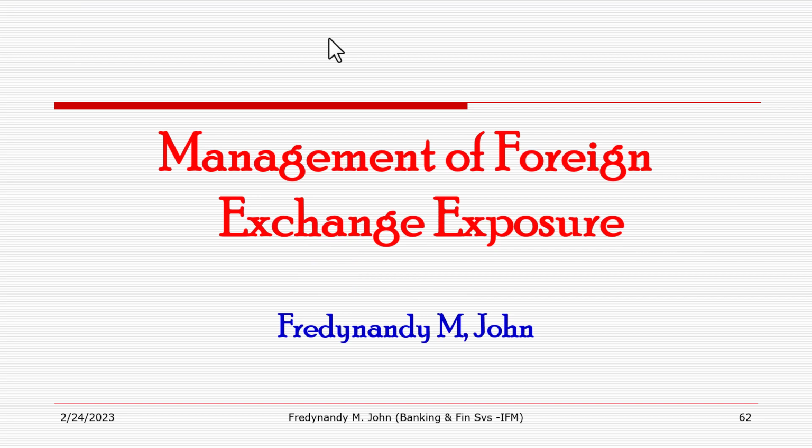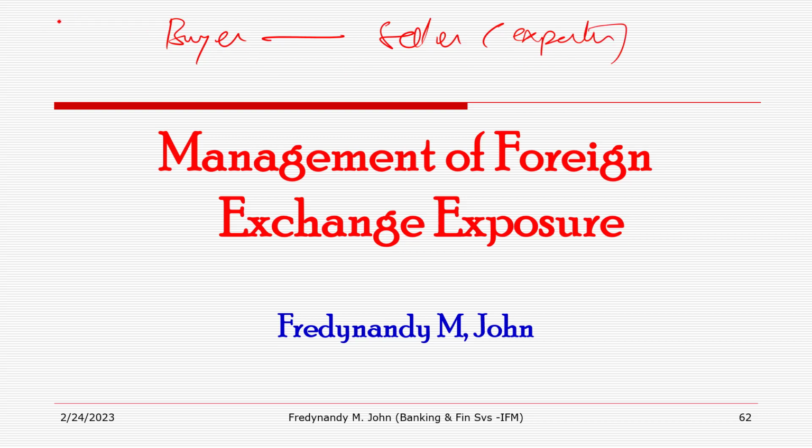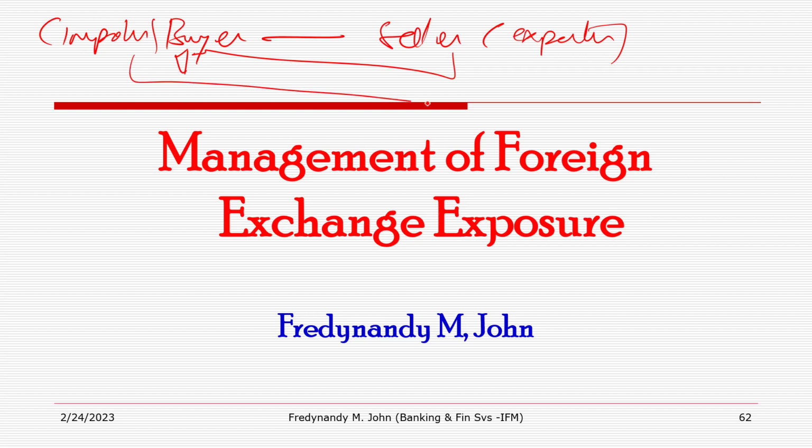Now let's continue with the management of foreign exchange risk or foreign exchange exposure. Remember, participants of international trade: we have the buyer and we have the seller. The seller is also known as the exporter, whereas the buyer is an importer. Now, if you sell on credit, it means after some time you will be rewarded.